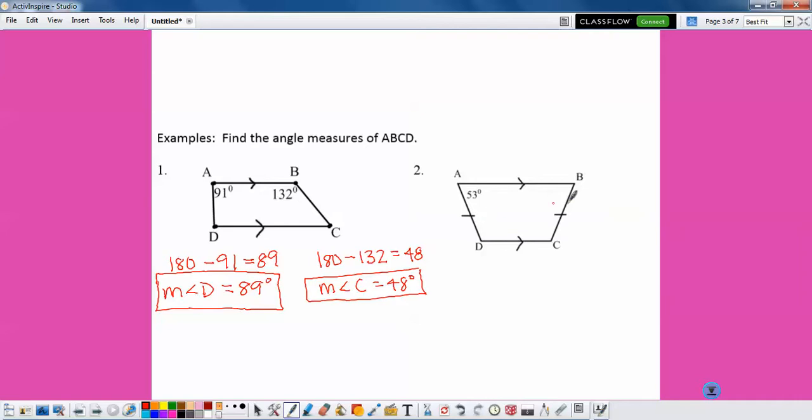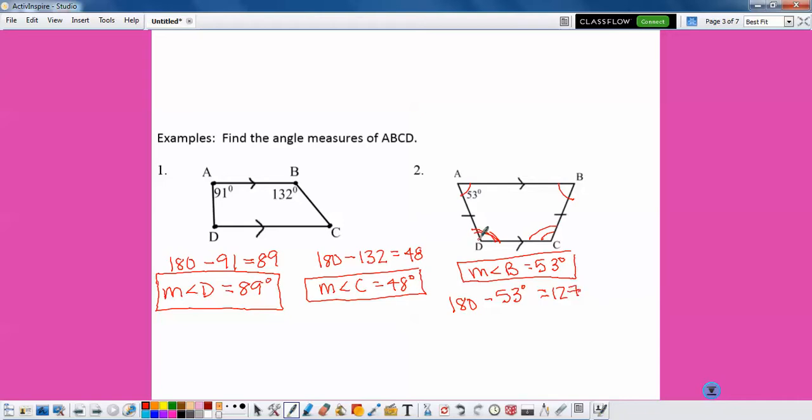Number 2 is an isosceles trapezoid. So we know that the angles along this base are the same, and the angles along this base are the same. So we know that the measure of angle B would be 53 degrees because it has to be congruent to angle A. Angle D and angle A are consecutive, so 180 minus 53 degrees equals 127.